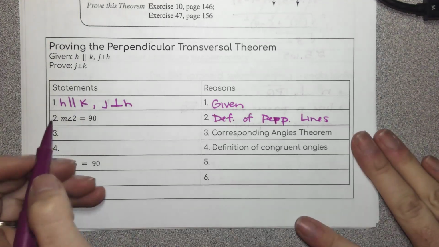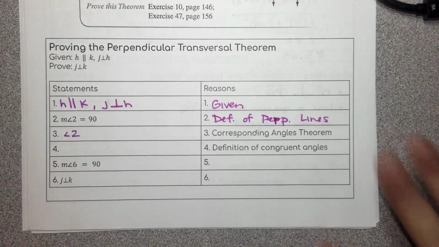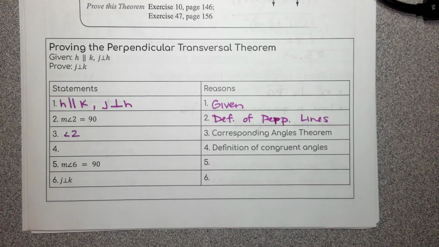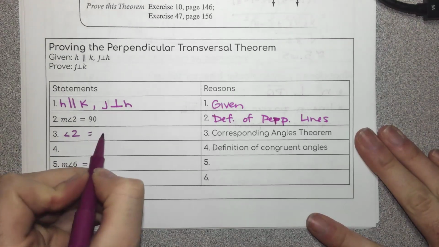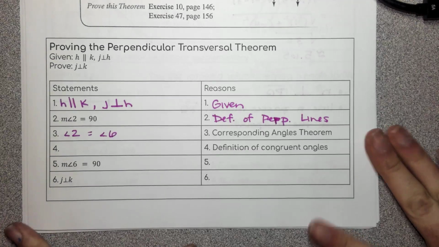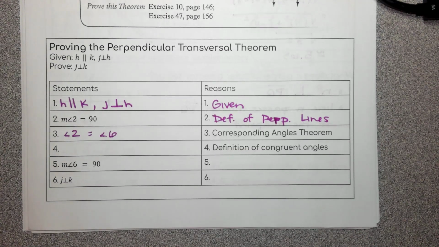We know we have to do something with angle 2 because that's the only thing we've talked about so far. Angle 2 should be equal to angle 6 because those are corresponding angles.